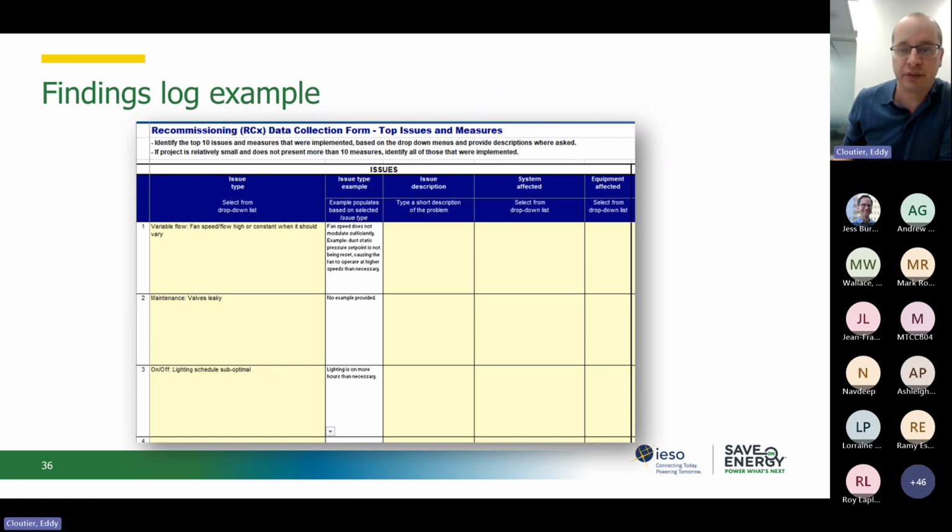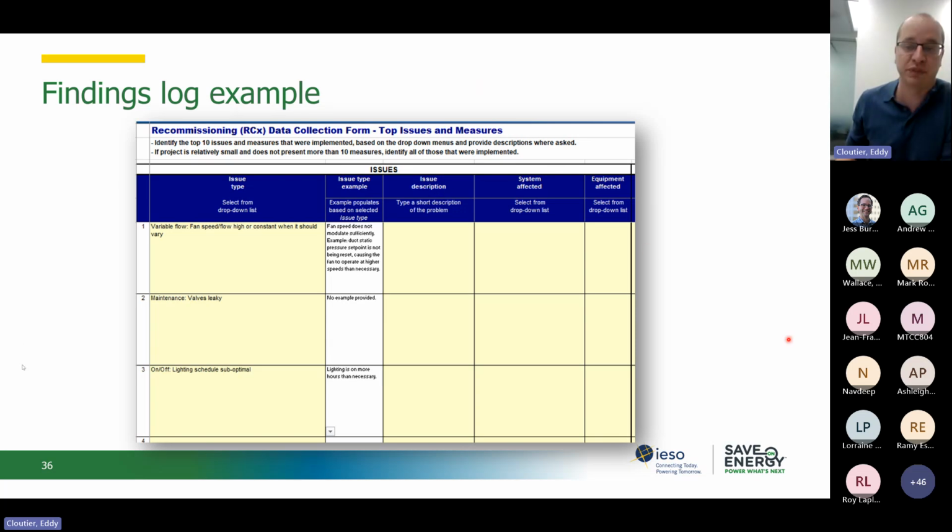So the first part of the finding logs will generally consist of describing the problem detected during the investigation. So basically, these columns: what is the system affected, what is the issue that was detected during the investigation, and so on.